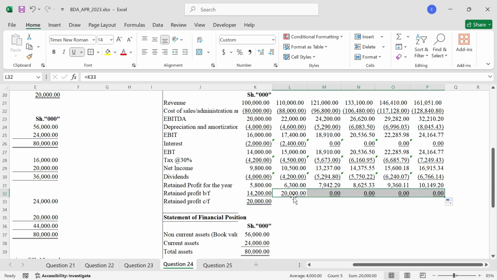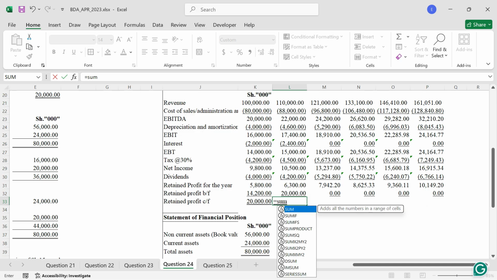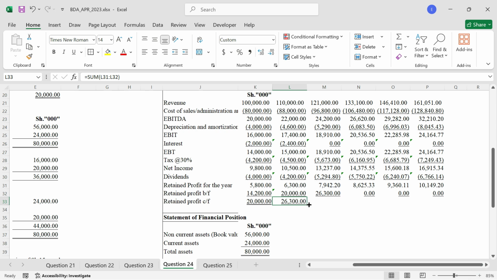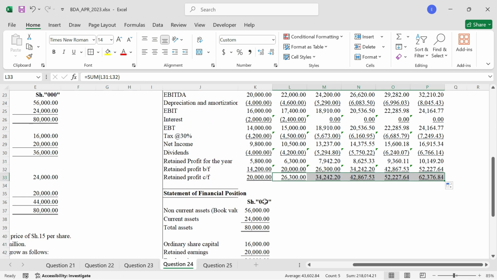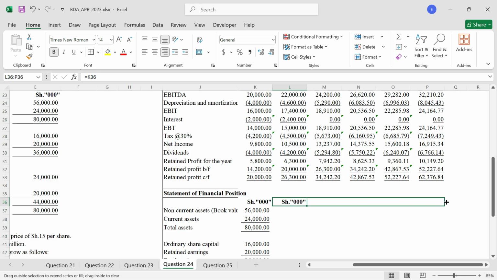And then finally, my retained profit carried forward will be the retained profit for the year plus the retained profit brought forward, so the sum from this, which I can copy across. Then I have my non-current assets. They had a growth rate, so they should remain 18,000 shillings.